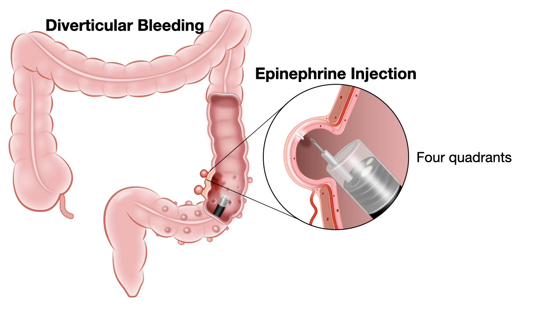When you give epinephrine injection, it is also important to add another therapy, either a thermal modality or a mechanical hemostasis. Otherwise, the risk of rebleeding is pretty high after just epinephrine injection without any additional therapy.